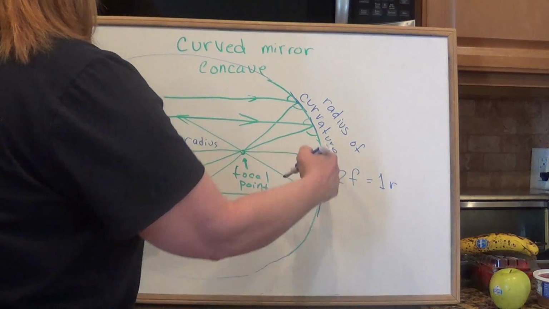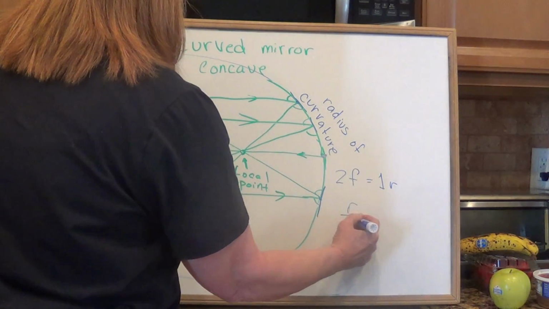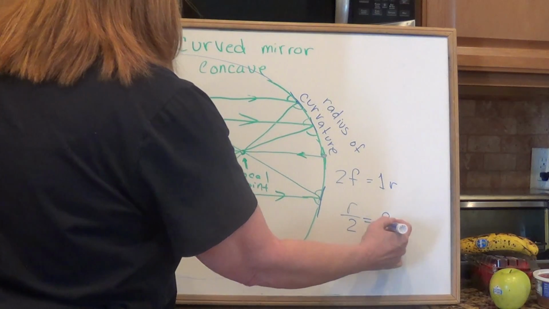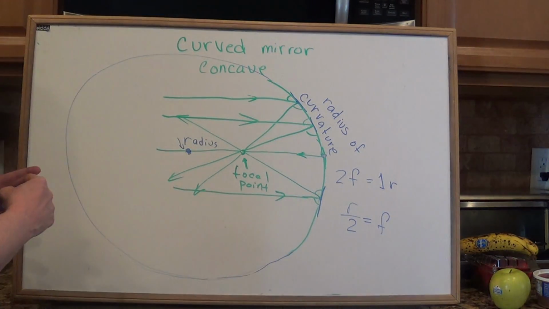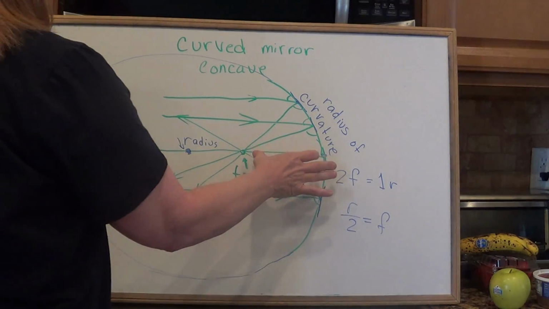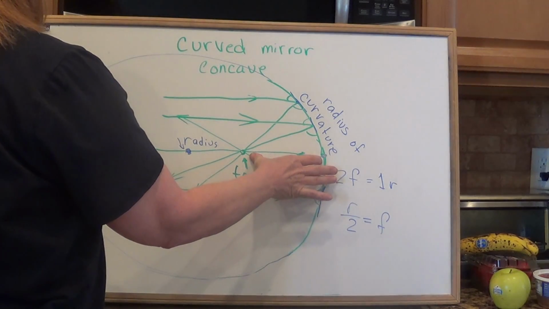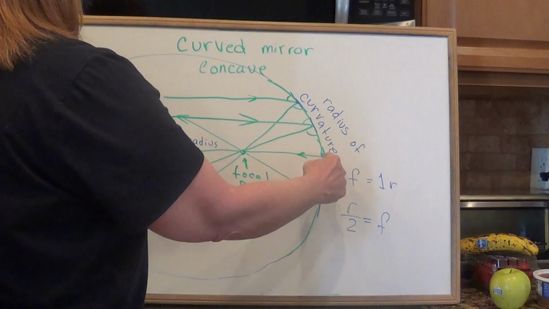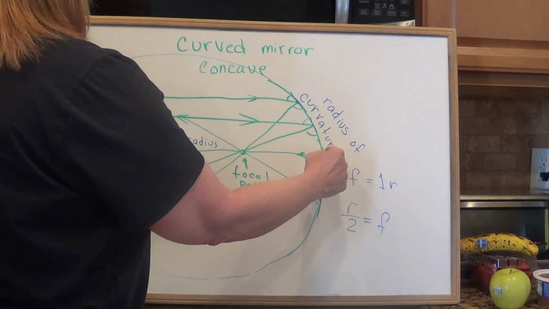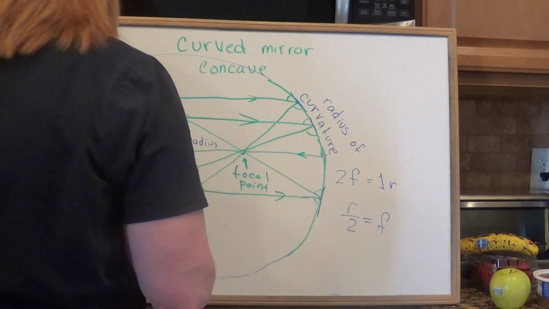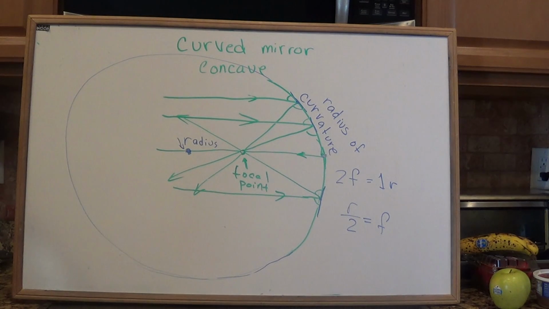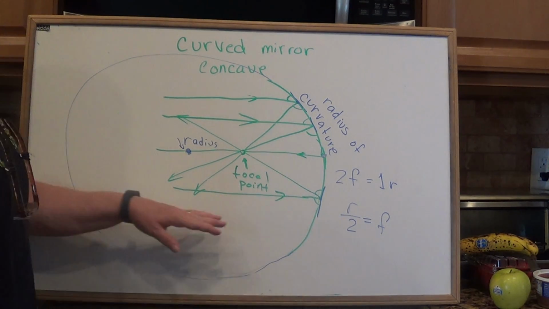Or we could say the distance to the radius divided in half is how we could find the focus. So be aware of the relationship here between the distance from the mirror to the focal point and the distance from the mirror to the radius. This is twice this.